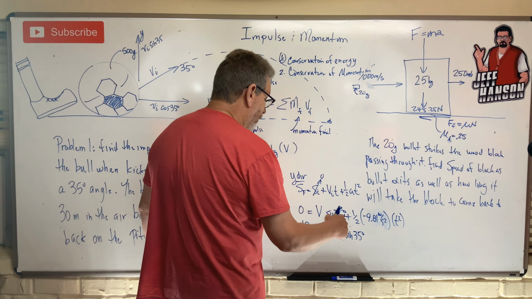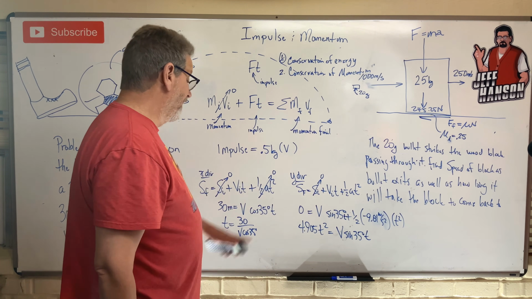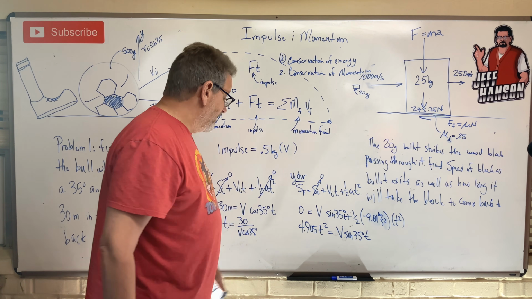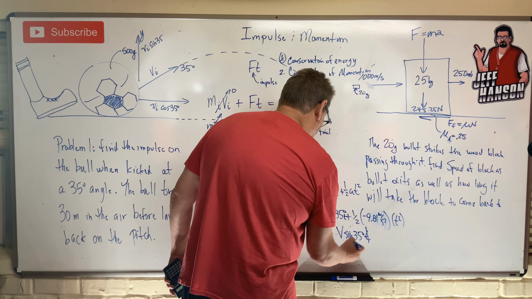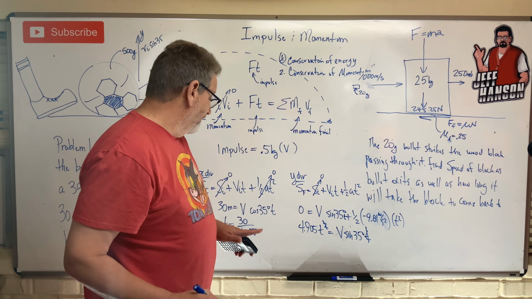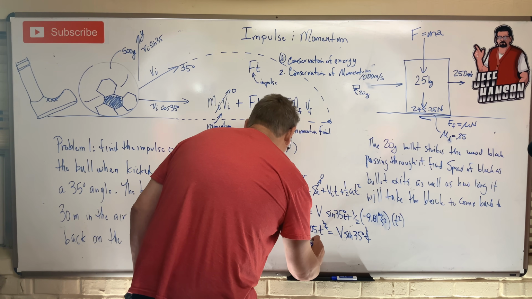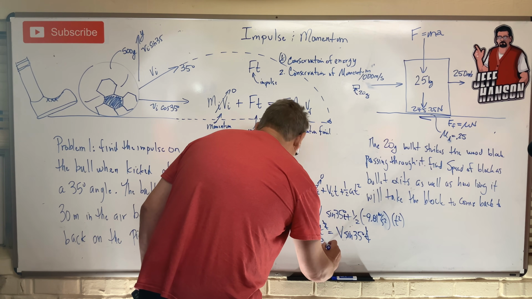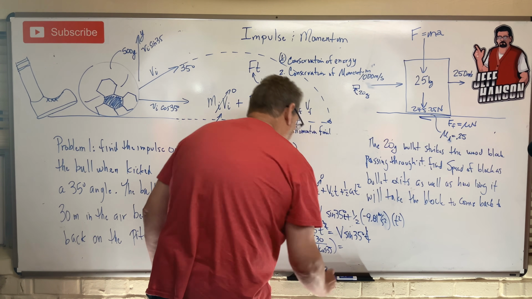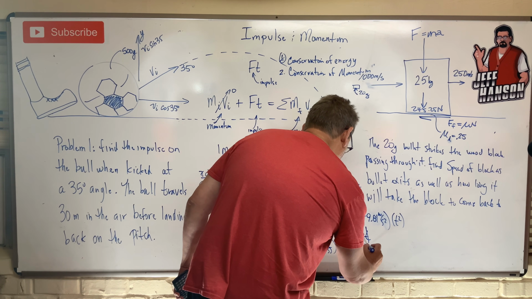Oh, probably I get 12 emails. You forgot the T. No, I didn't. There it is. Don't panic. Now, one thing we can do right here is divide both sides by T. Let's get rid of that guy and one of those guys. Now, let's take that T and substitute it in there, and we get 4.905 times 30 over V cos 35 equals V sine 35.